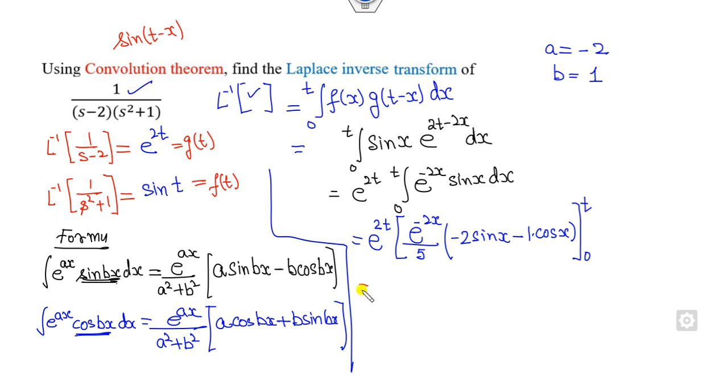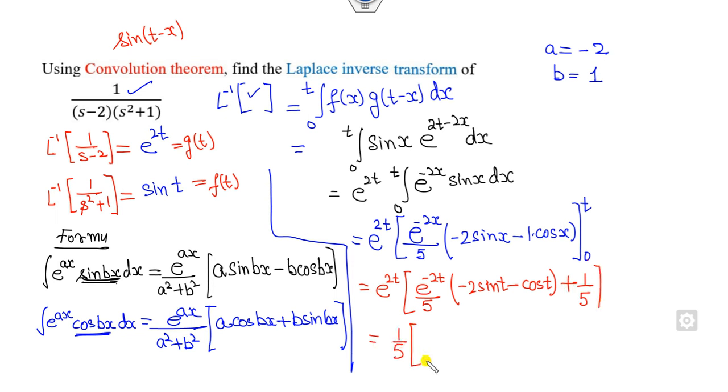Now you can substitute this value: e raised to power 2t, e raised to power minus 2t divided by 5, times minus 2 sin t minus cos t, minus, if you substitute 0, it's 1 over 5, sin 0 is 0, cos 0 is 1, so minus minus plus 5. Now you can open this bracket. I can take 1 over 5 as common. It is minus 2 sin t minus cos t plus e raised to power 2t, which is the right answer of the problem.